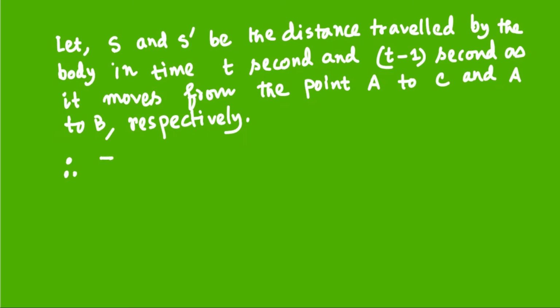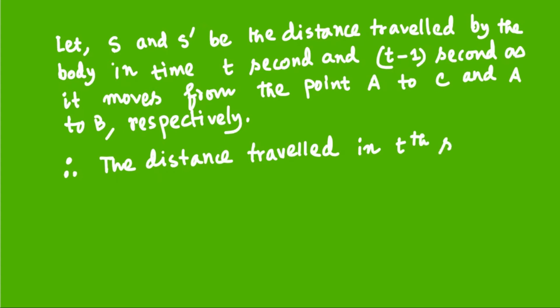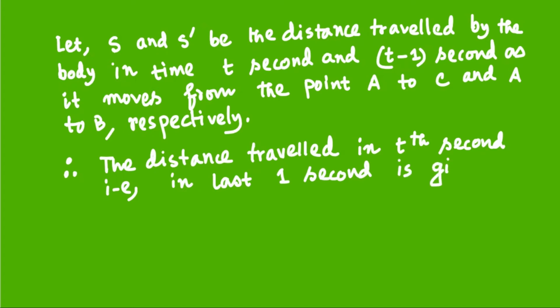Therefore, the distance traveled in the tth second, that is in the last 1 second, is given by S_t equals distance traveled by the body in t second minus distance traveled by the body in t minus 1 second.